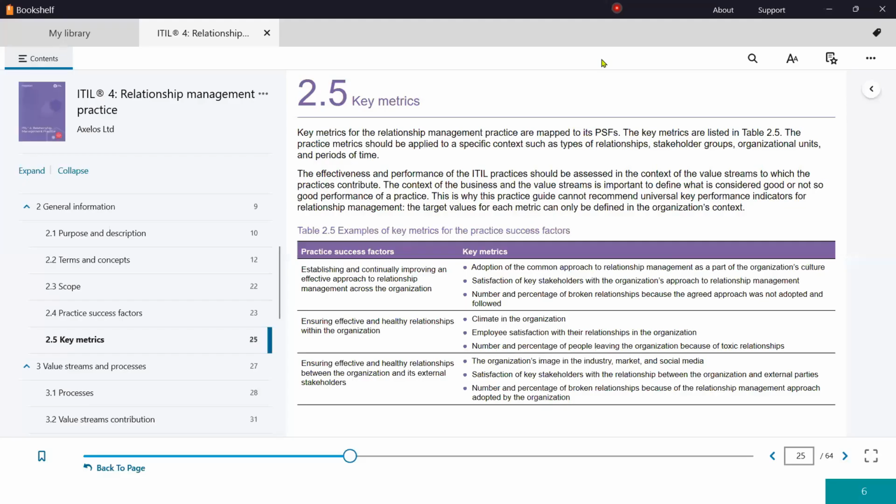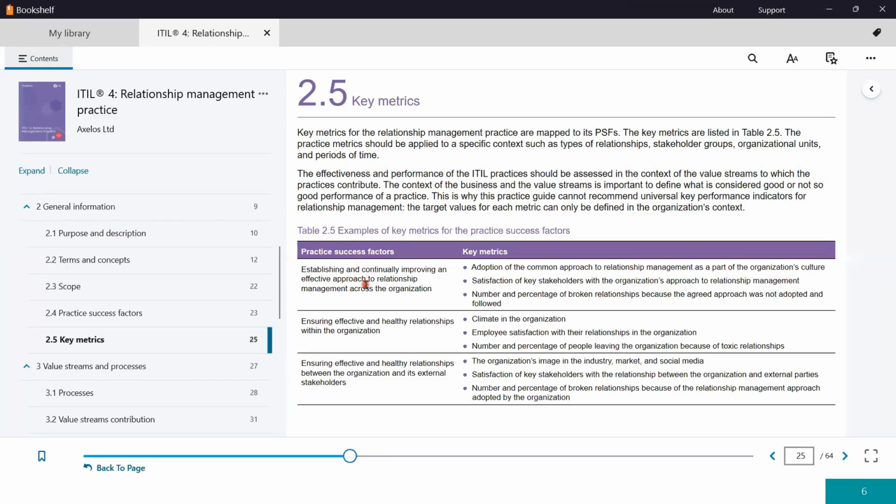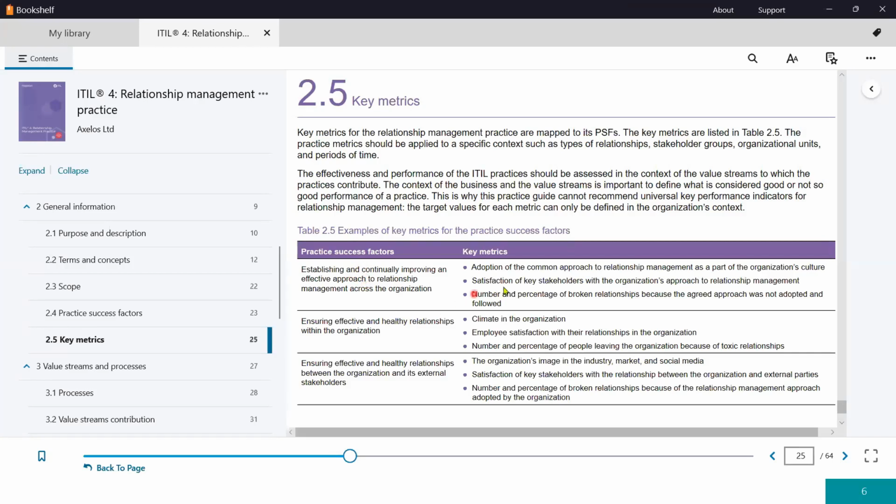And we can see here section 2.5 in the practice guide. I have opened this in the bookshelf app. You can even access this through your PeopleCert login. And if you notice the first practice success factor in table 2.5, that is the approach related PSF. And you can see here the various metrics: adoption of the common approach to relationship management and satisfaction of key stakeholders.